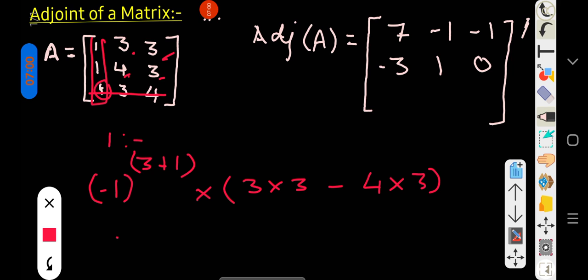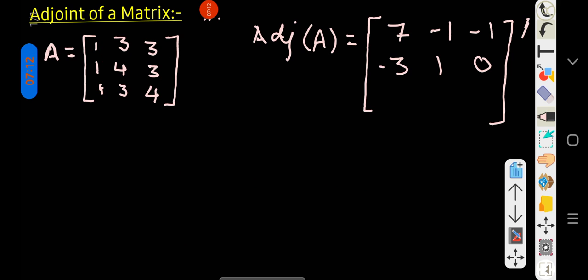So it will become 1 multiplied by 9 minus 12, which equals minus 3, right? So here the next element will be minus 3.